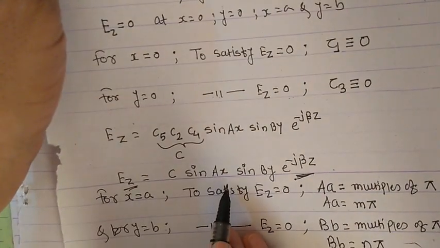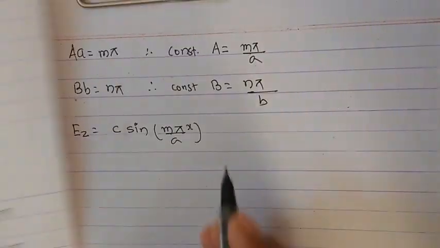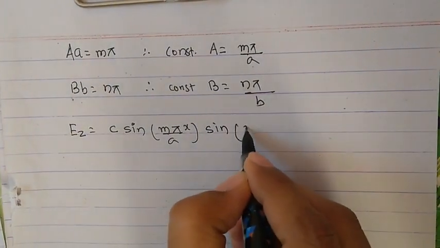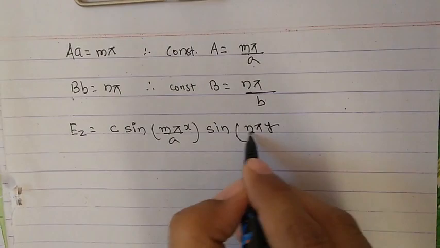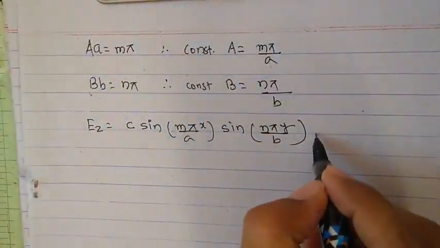So m pi x by a, and again sine b is n pi y by b, n pi y by b, e raised to minus j beta.